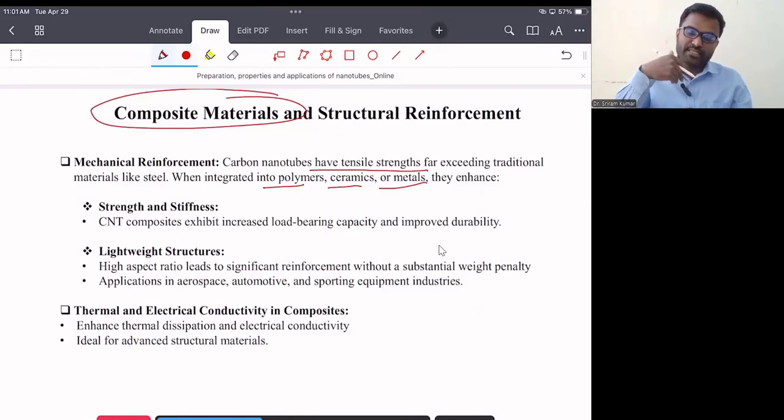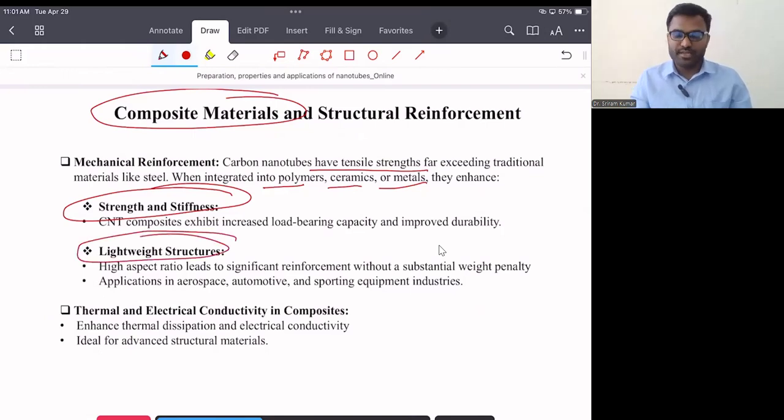When we use it as a reinforcement material there, it can increase the overall strength and stiffness of the materials. At the same time, carbon nanotubes have very low density. That gives an advantage in terms of high aspect ratio and light weight, so that they can be used in the aerospace, automobile, and sporting equipment industries.